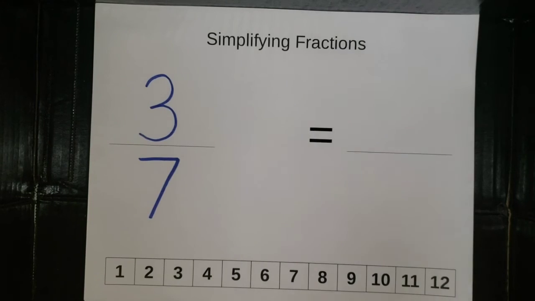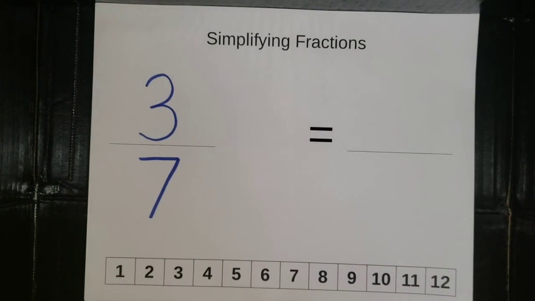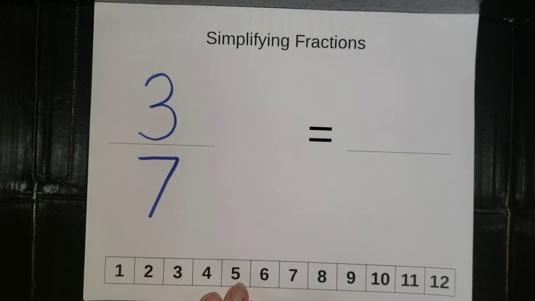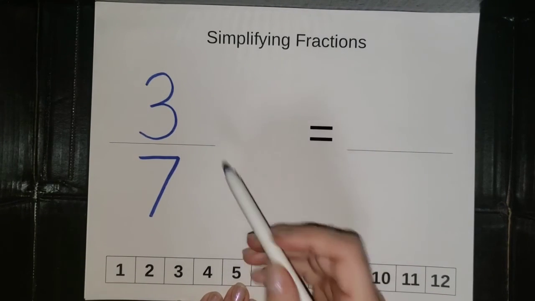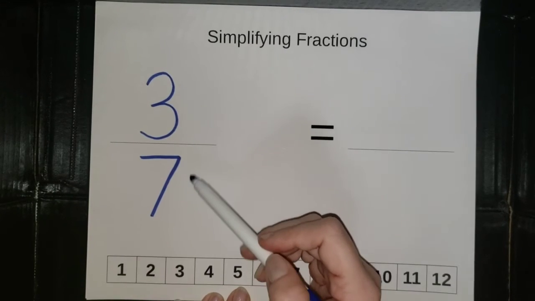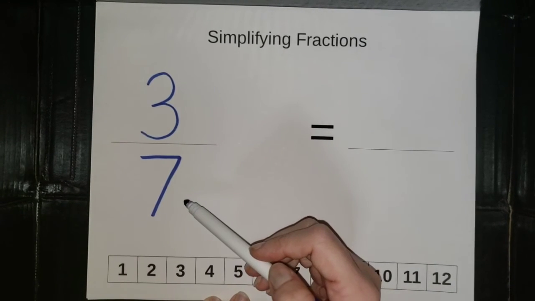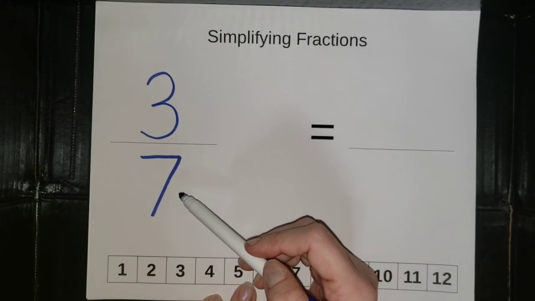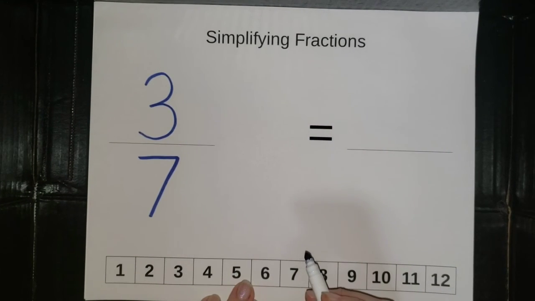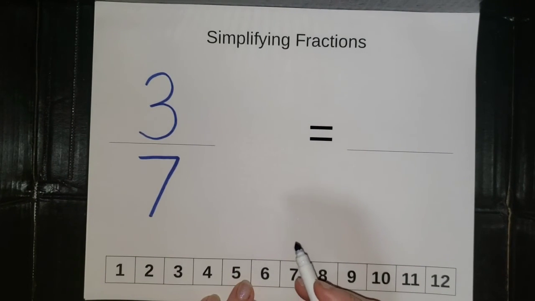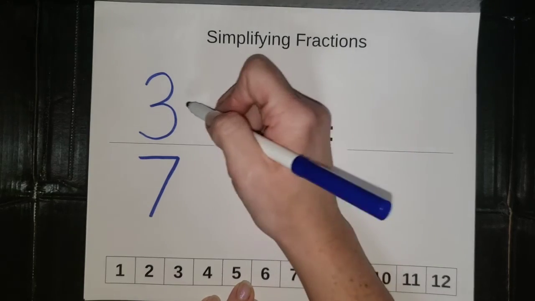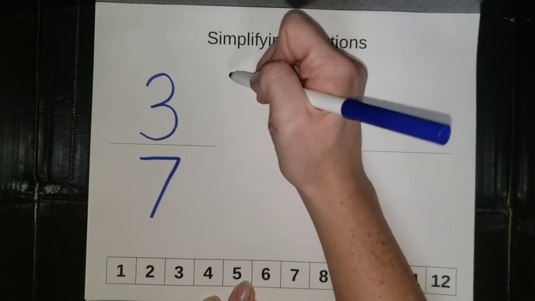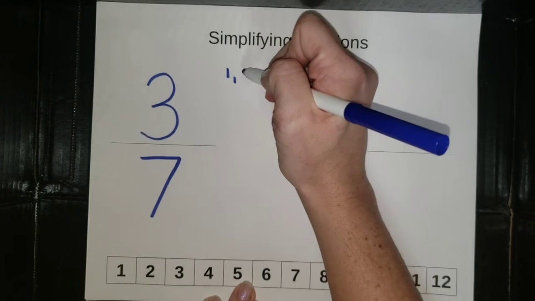Another way to check to see if your fraction is reduced to lowest terms is to have some number sense and analyze both the numerator and the denominator and ask yourself, are either of these numbers prime numbers? As a quick review, a prime number only has two factors, 1 and itself. So let's figure out the factors of 3: 1 and 3.